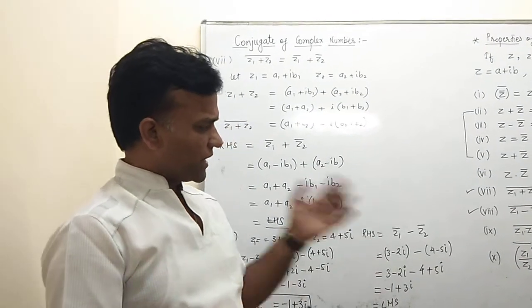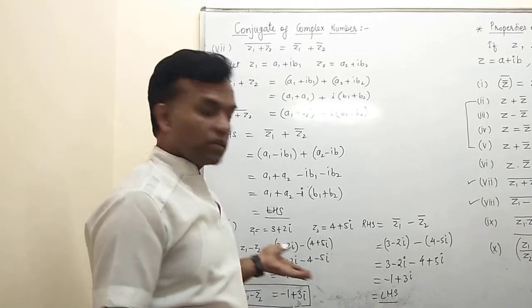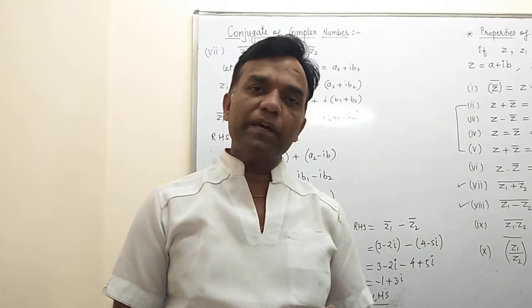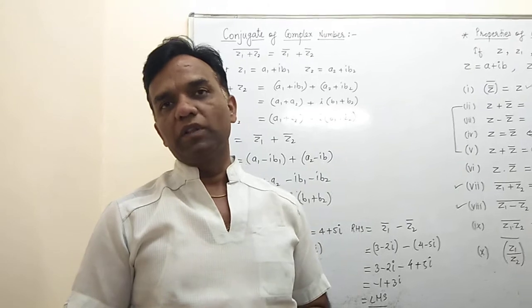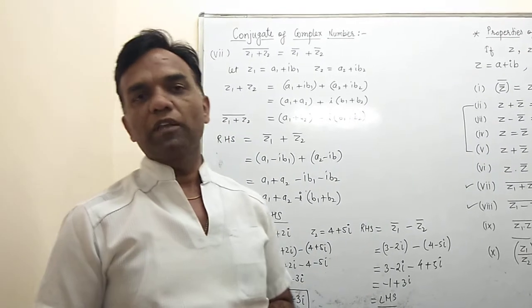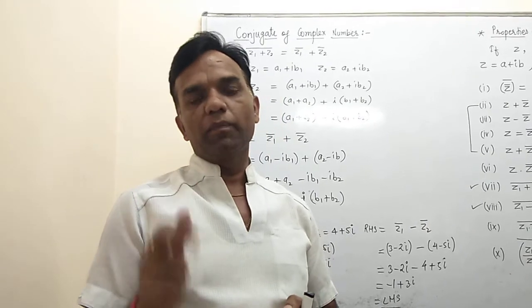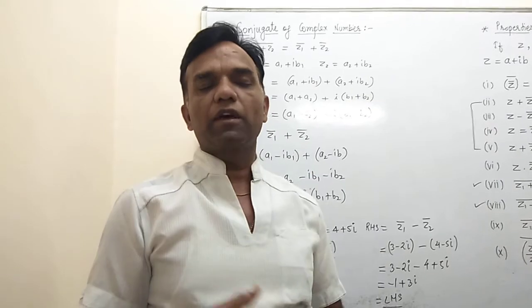Now the same way you can discuss the 9th and 10th properties, and the result will be the same. So I think you are aware of the concept of conjugate, and now you remember only one concept. Whenever the word conjugate comes in a complex number, you listen carefully.